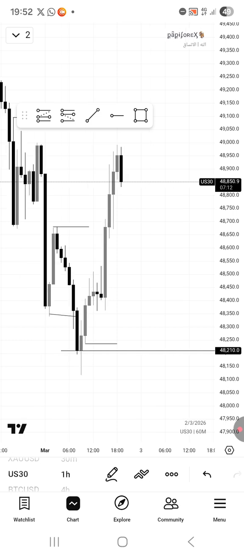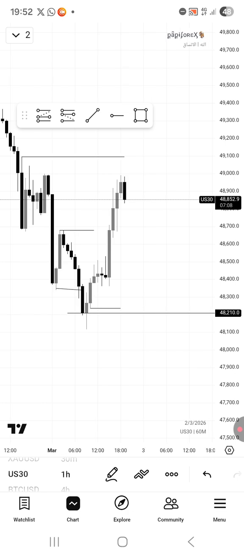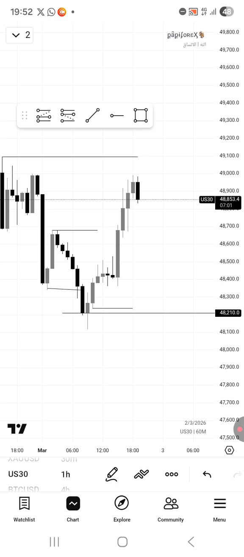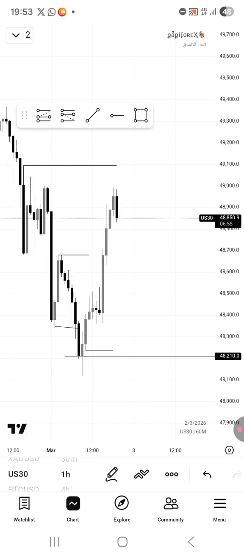And if price does not come to this area, I'm fine with it because I don't like guessing. This is my last liquidity area, so I'll be waiting for price to clear this liquidity before I buy. If price does not come to this area before it goes to my draw on liquidity, fine, no offense.